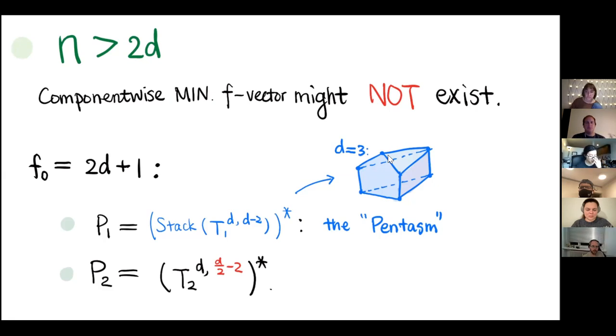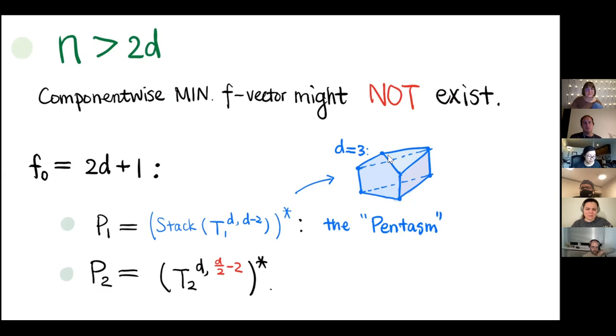For P1, you start with a d minus 2 sub 1 polytope. You first stack over a facet of it, which is a simplex, and then dualize. This is called a pentasome. Here's a 3-dimensional pentasome, which explains the name.